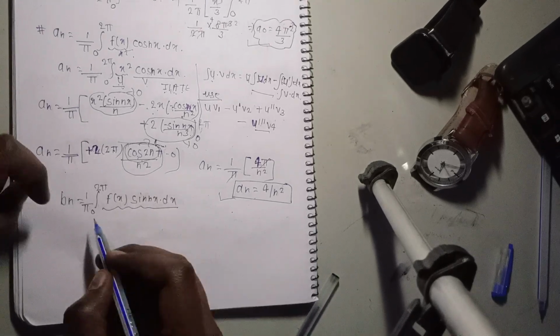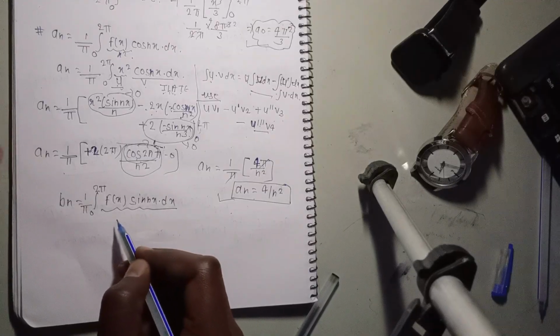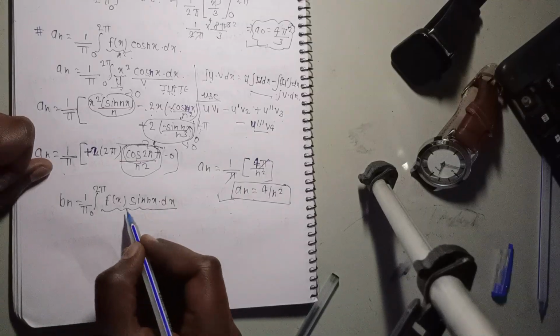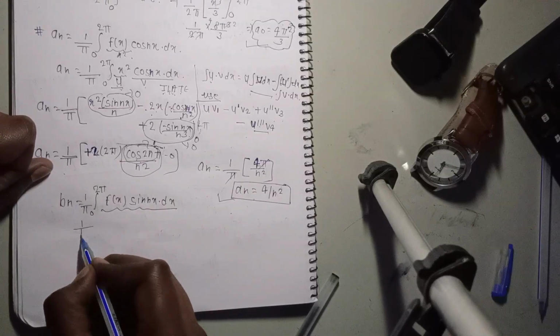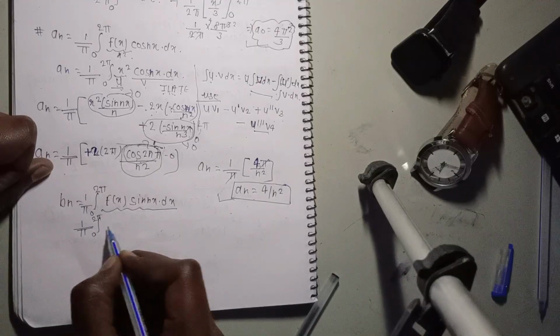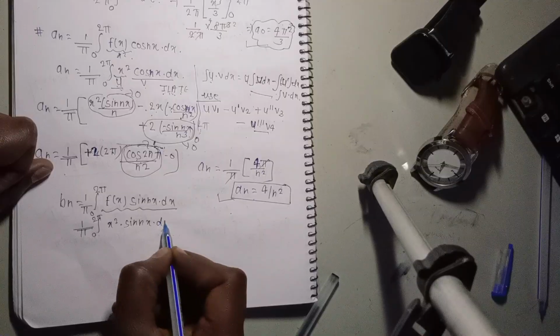Okay, so let's begin. So what is f of x? 1 upon pi, integral from 0 to 2 pi of x square sin nx dx.